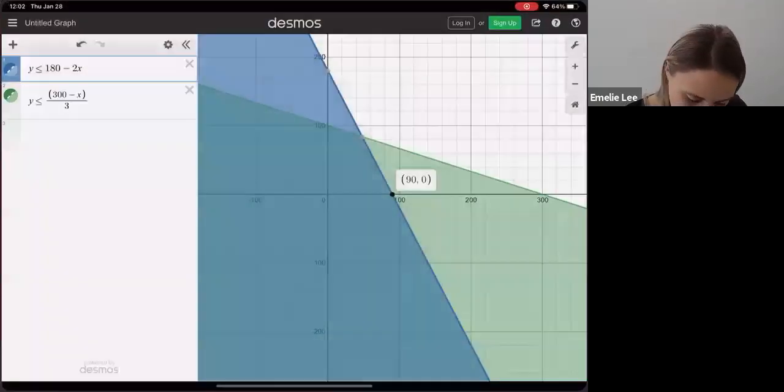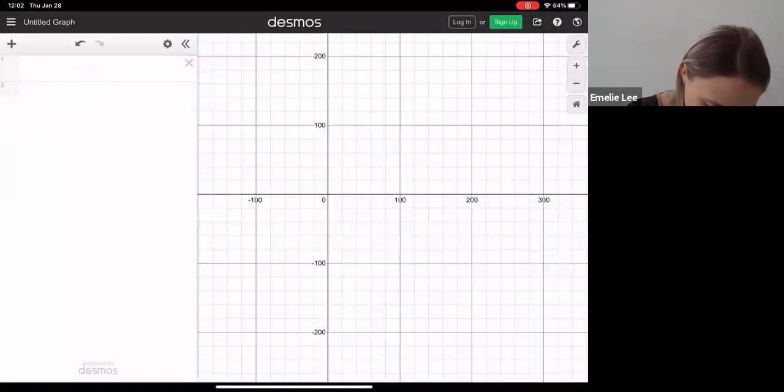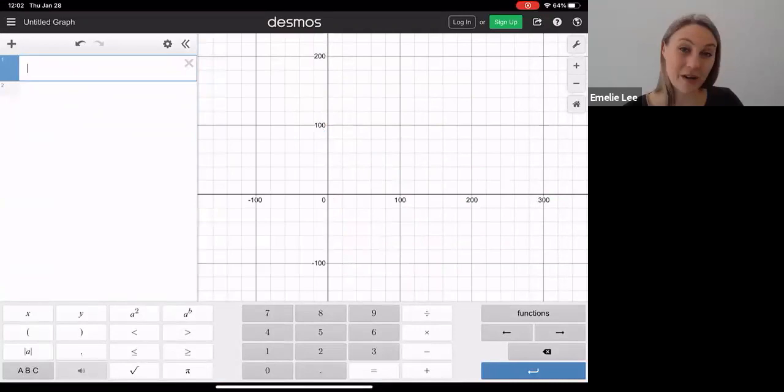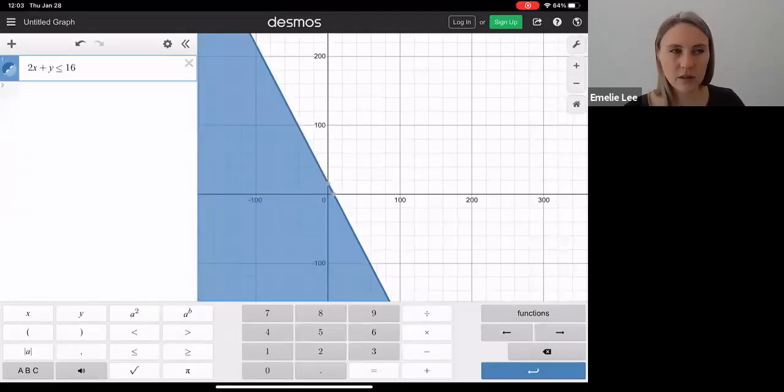Okay, luckily I've got it here on the side, so I don't need to flip back and forth. So it was 2x plus y has to be less than or equal to 16. Okay.